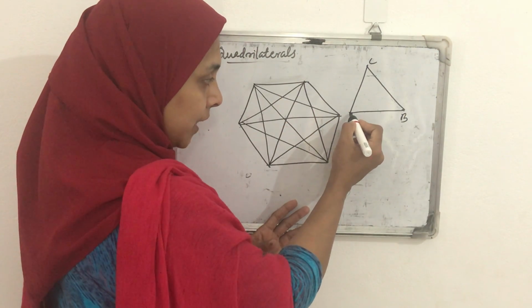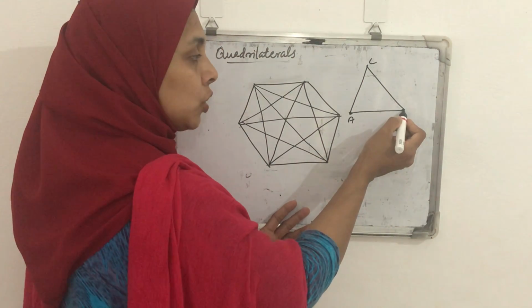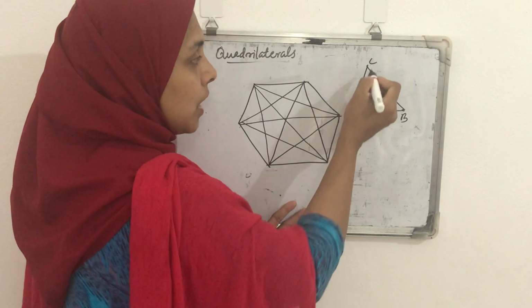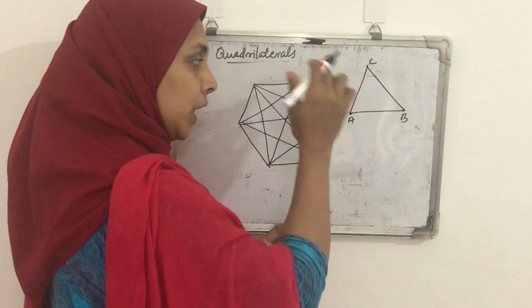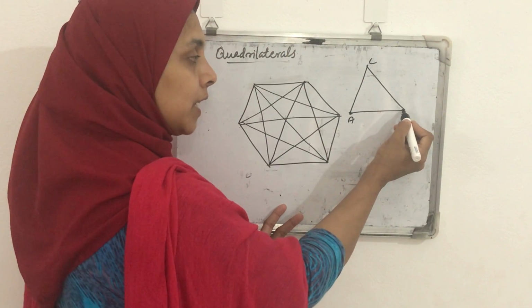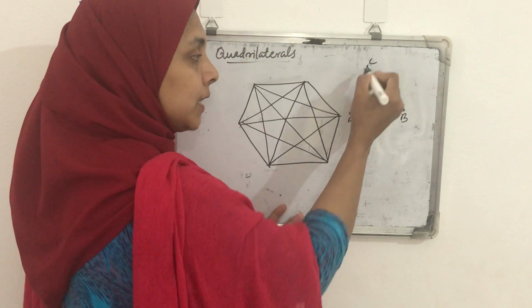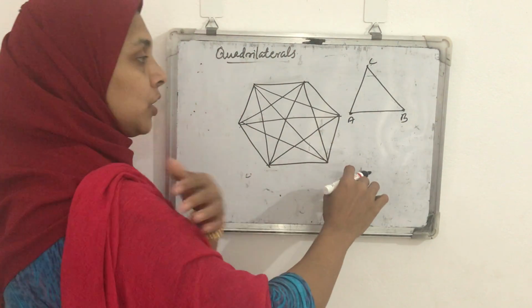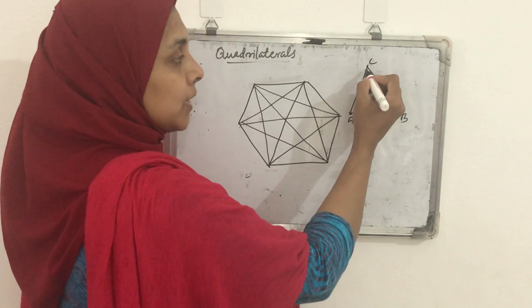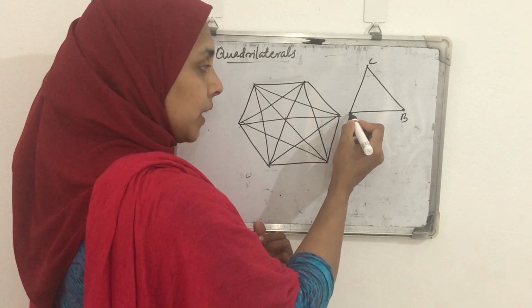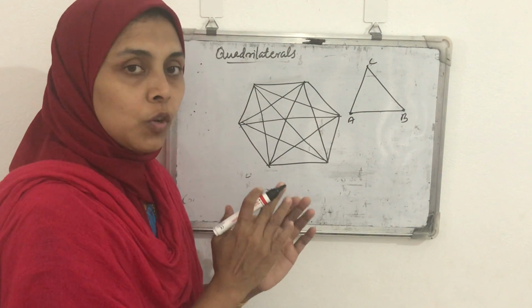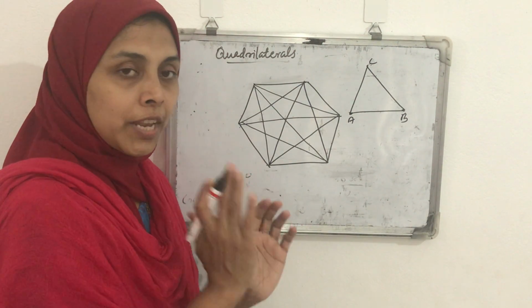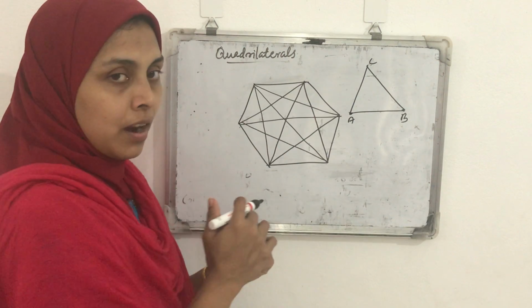When we consider vertex A, B is a consecutive vertex and C is another consecutive vertex of A. When we consider vertex B, A and C are the consecutive vertices of B. Just like that, when we consider vertex C, the vertices A and B are both consecutive vertices of C. So we can't draw any diagonals in a triangle.